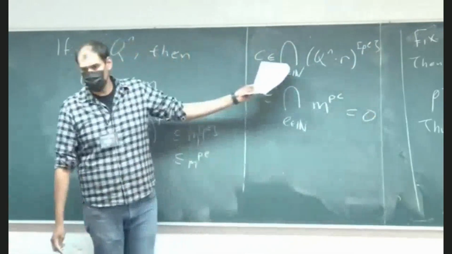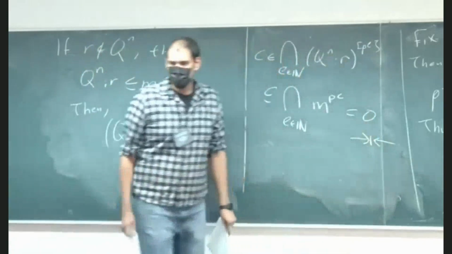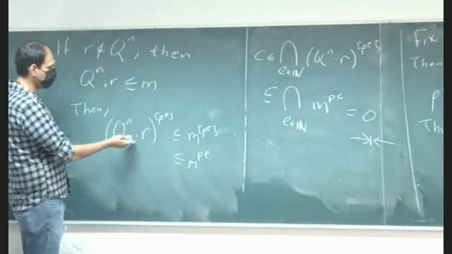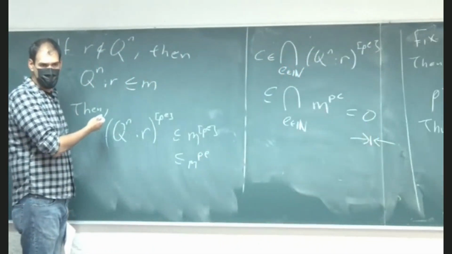So E is equal to 0, contradiction. Huh? So this has to be the whole thing, and it means that R has to be in Q N.